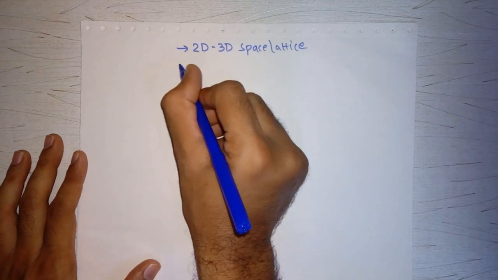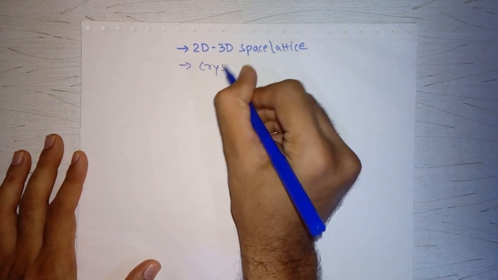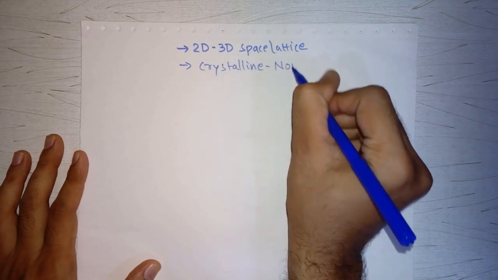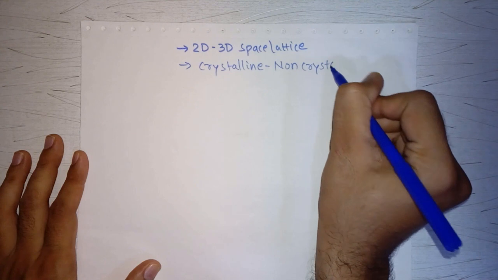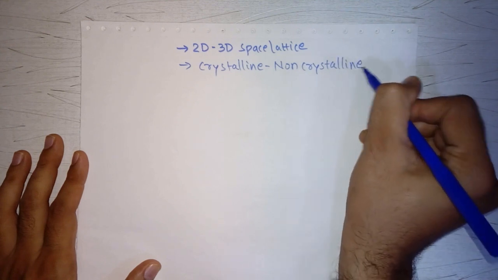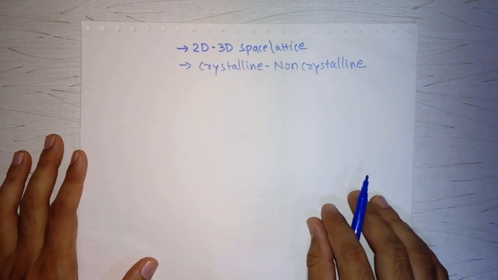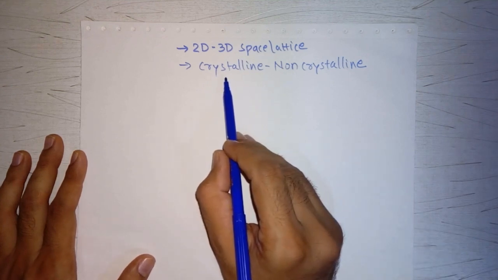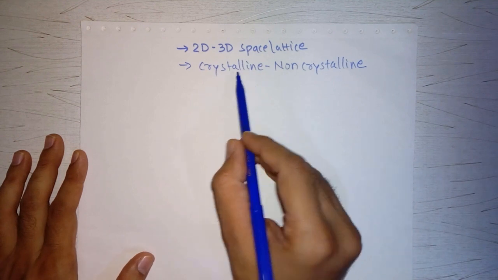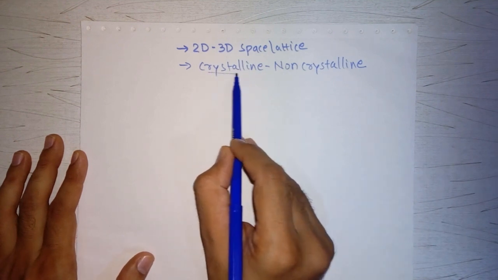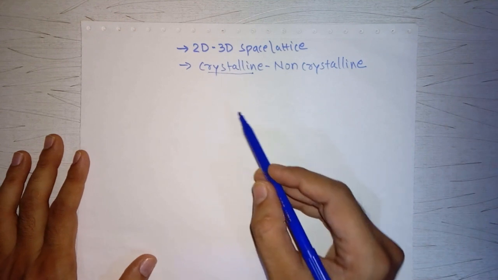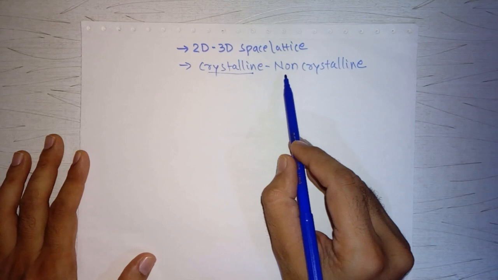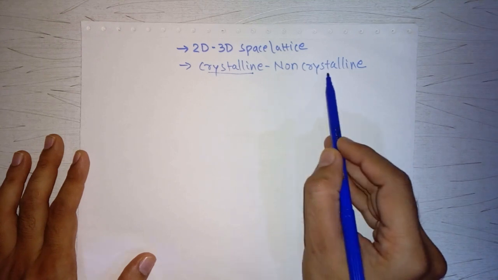We also discussed crystalline and non-crystalline material. We understood that the repetitive arrangement of atoms defines crystalline arrangement, and if the atomic arrangement is not repetitive, it is random, then we will say that it is non-crystalline material.